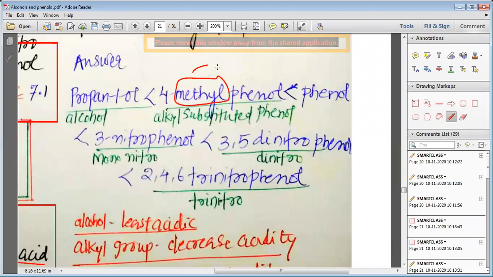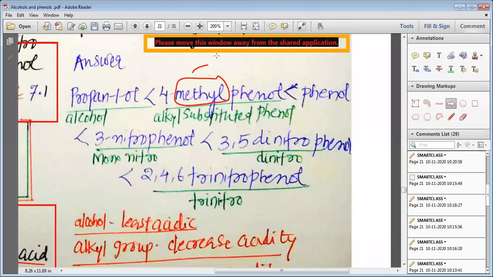So here you can see that by the methyl group, the acidity is decreased. You can understand it by understanding the simple thought that when we have the methyl group, the acidity is decreased.